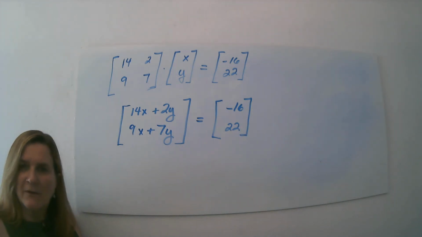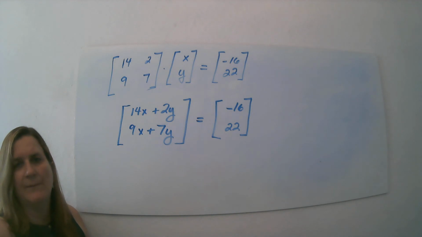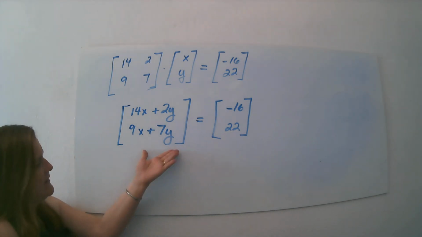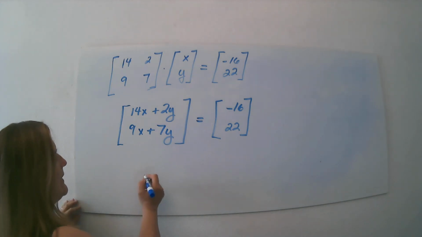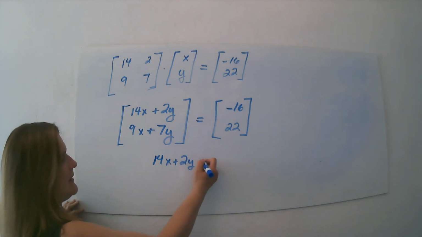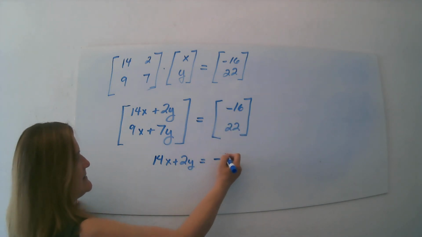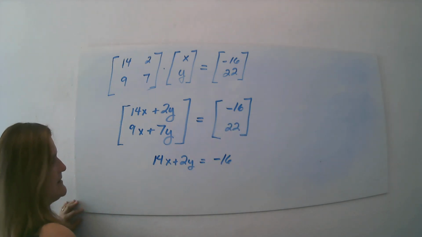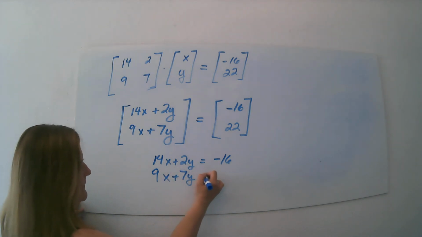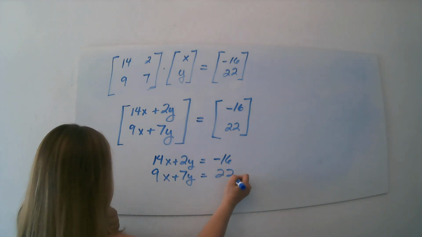Now it turns out that matrices are only equal if their corresponding entries are equal. So this is equivalent to 14x plus 2y equaling negative 16, and 9x plus 7y equaling positive 22.